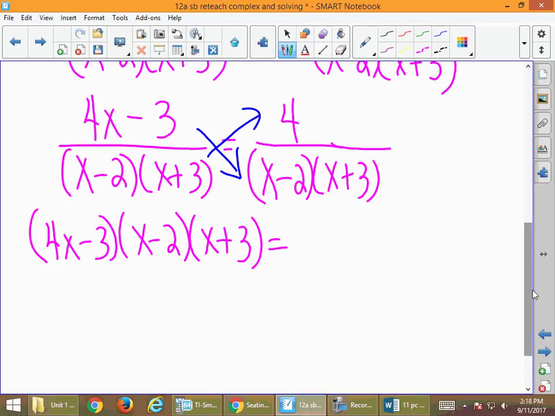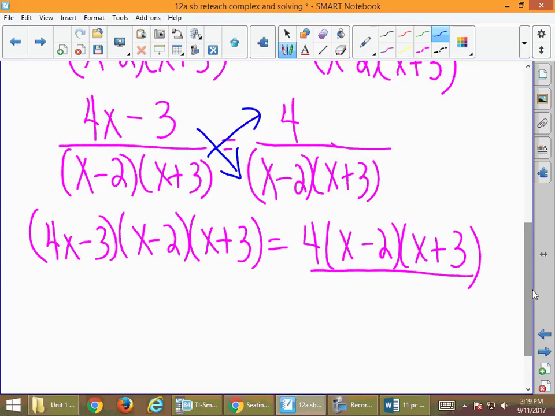And on the other side of the equation, we have 4 times x minus 2 times x plus 3. But if we're really looking close, we've got an x minus 2 times an x plus 3 on the left side. We've got an x minus 2 times the x plus 3 on the right side. We can divide out that.